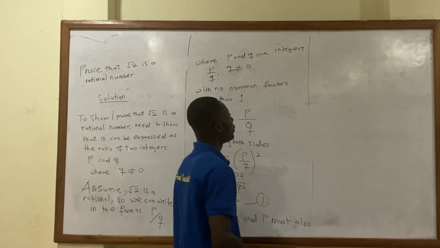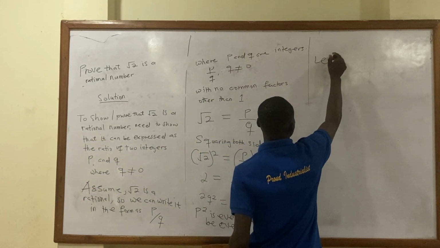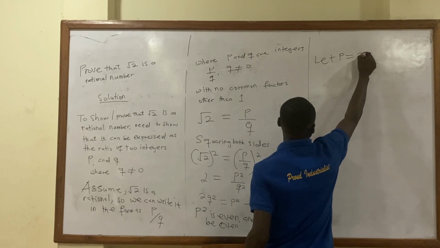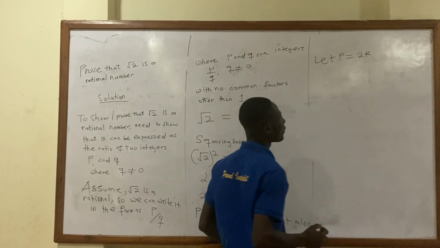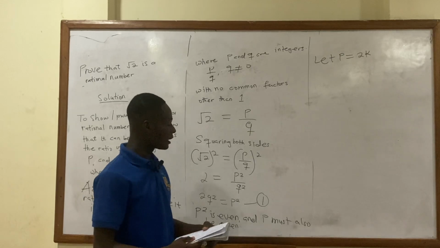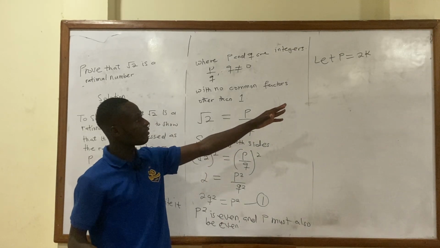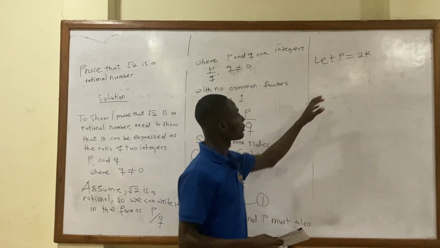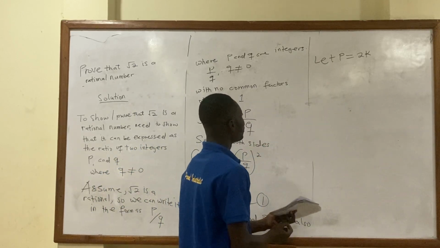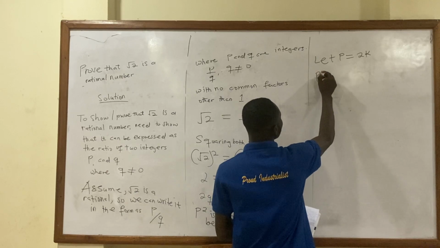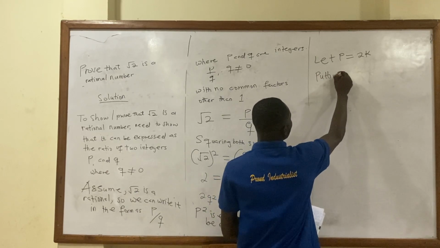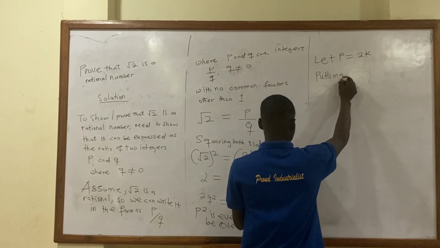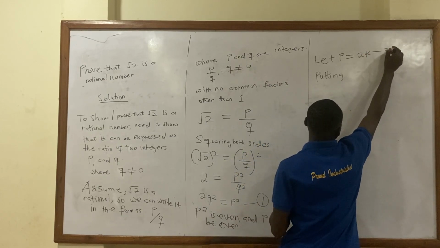So from there, we say let p equal 2k. All right, we let p equal any value or variable with a constant. So p equals 2k, and let's say this is equation 2.